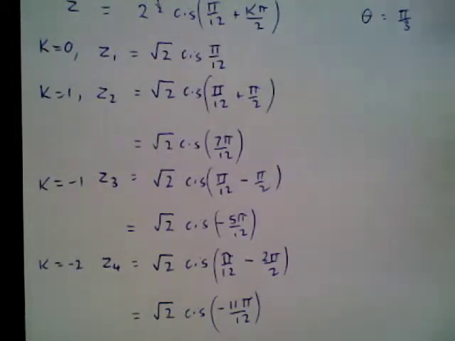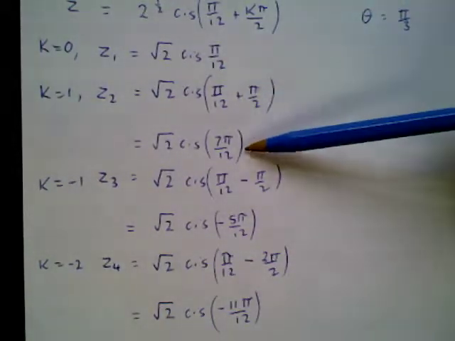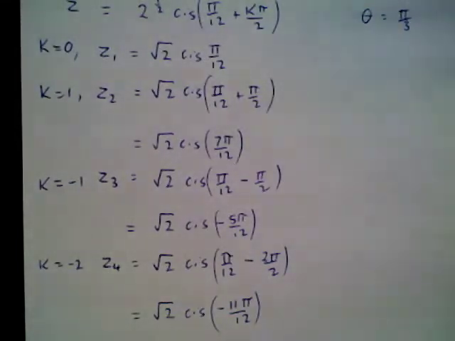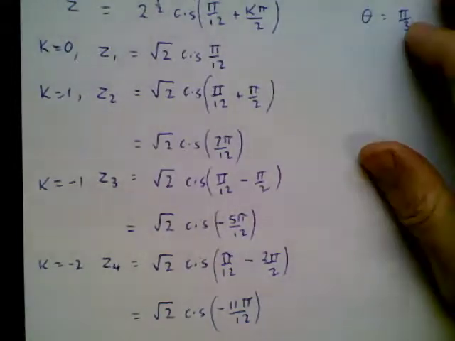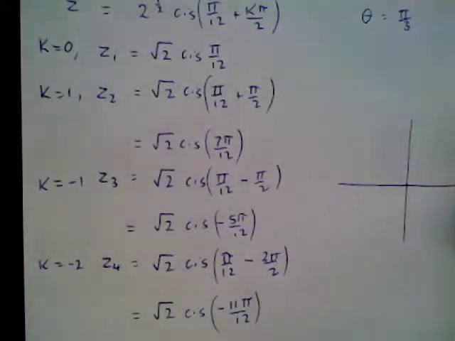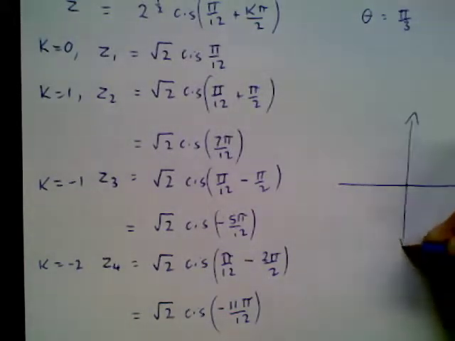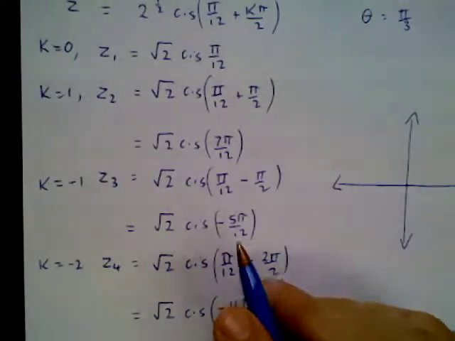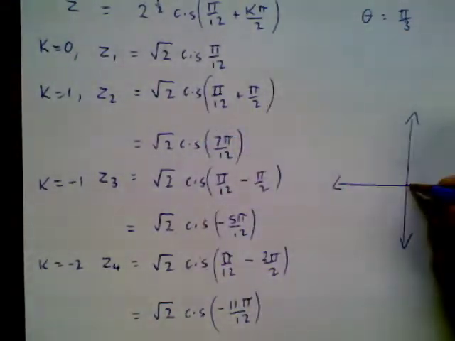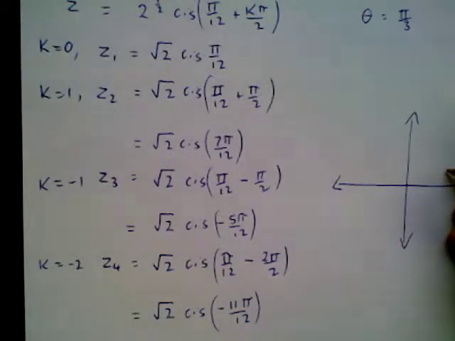The final point you'll note with these 4 solutions, in particular the angles that we have, is that if we take our initial solution, the other solutions divide the Argand plane into 4 equal angles. So we've got our first solution here, which was root 2 cis pi on 12, which is sort of out here somewhere.